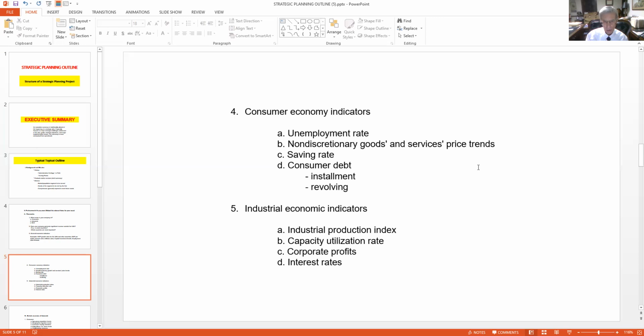in your analysis. The saving rate is another interesting item. It's the portion of disposable personal income, and disposable personal income is essentially the wages and salaries less income taxes.